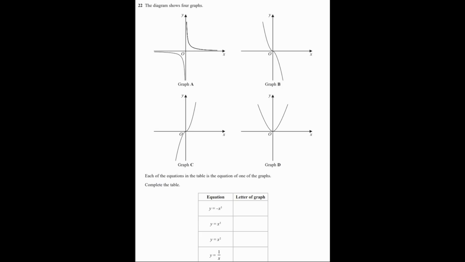All I can do really here is give you the answer in the hope that maybe it will help you to learn them. And in fact, y equals minus x cubed is B, y equals x cubed is C, y equals x squared is the graph at D, and y equals 1/x is A. This question really is something you've either memorized or you haven't.